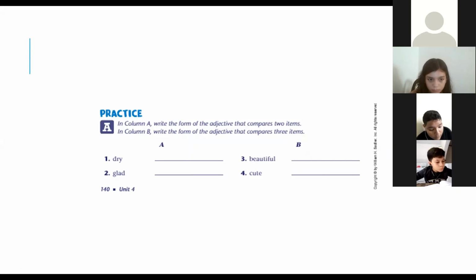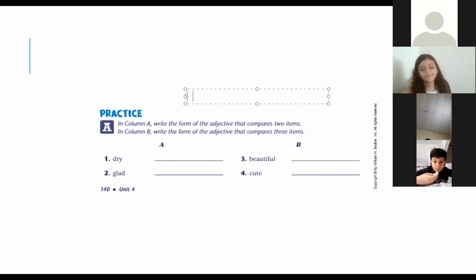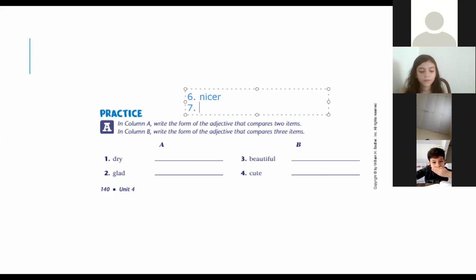More natural or naturaler? For number 5 it is more natural. More natural, good. Number 6 you had? Nicer. Nicer, good. For number 7, humorous.